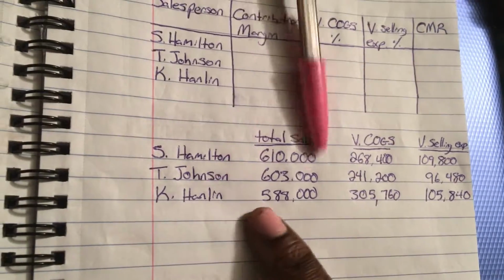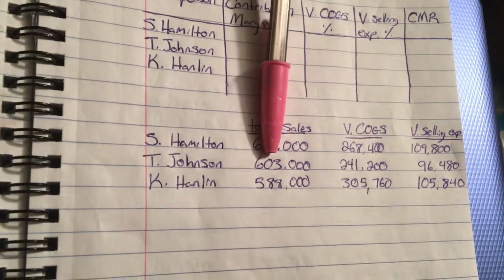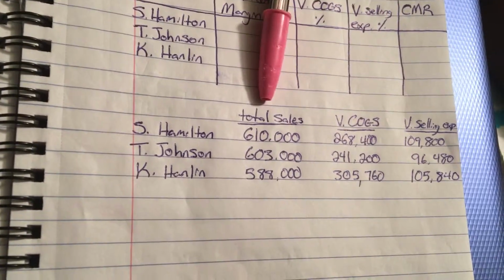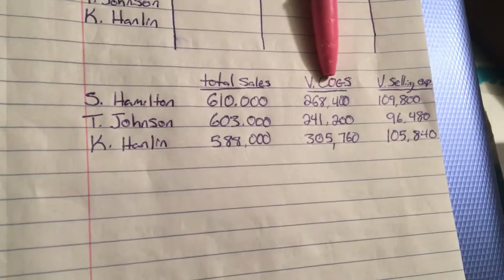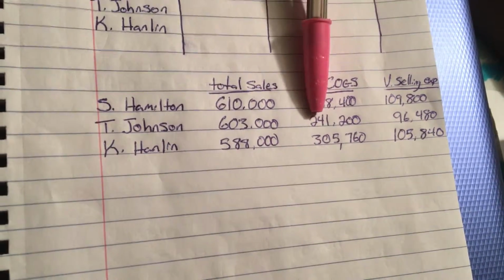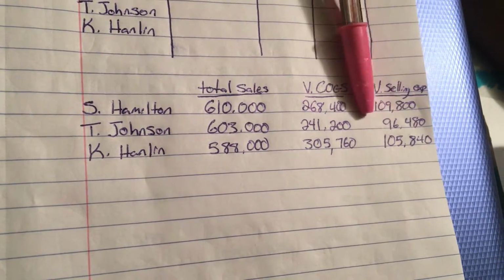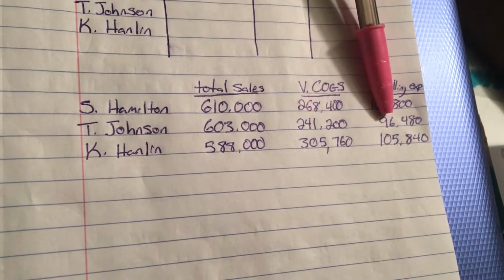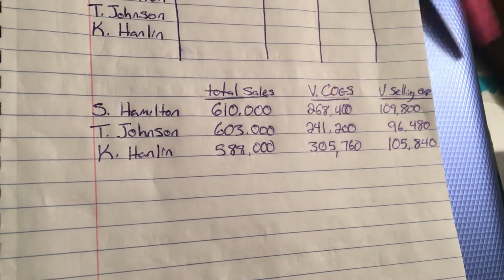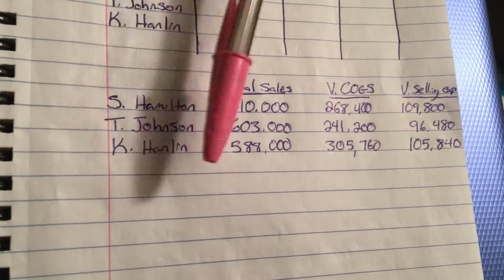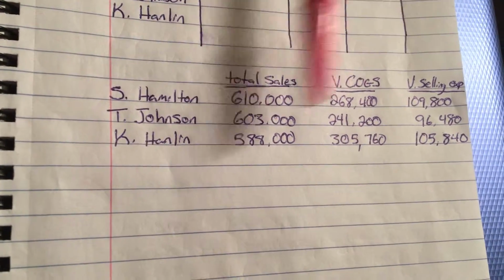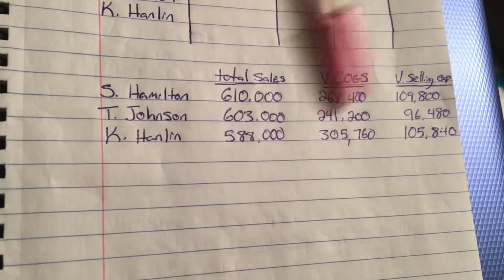We have Johnson, who has $603,000 in total sales. Her variable cost is at $241,200, and her variable selling expense is at $96,480. Lastly, we have Hanlon, whose total sales are at $588,000.